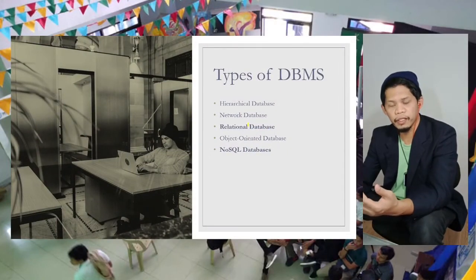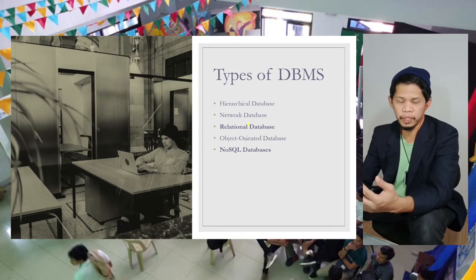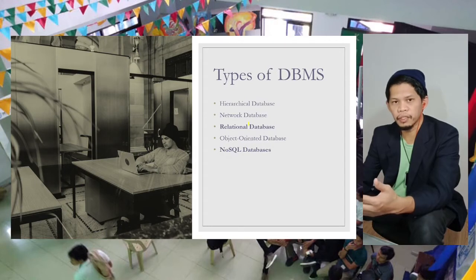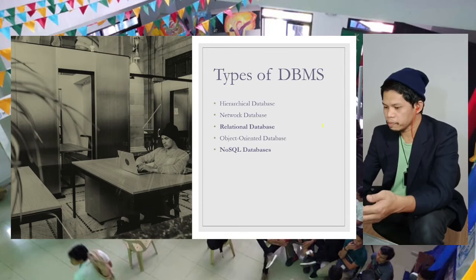The enumerated DBMS here is not fixed, meaning additional types of DBMS might be introduced in the future. These types were constructed based on historical occurrences of the DBMS technologies. Let's begin with hierarchical database.